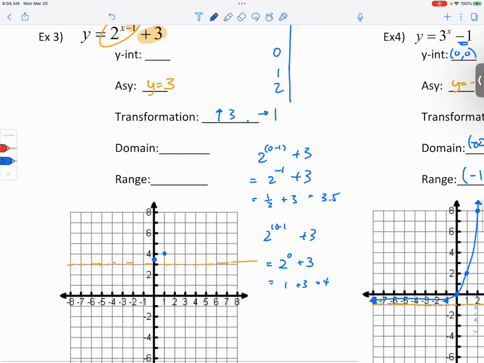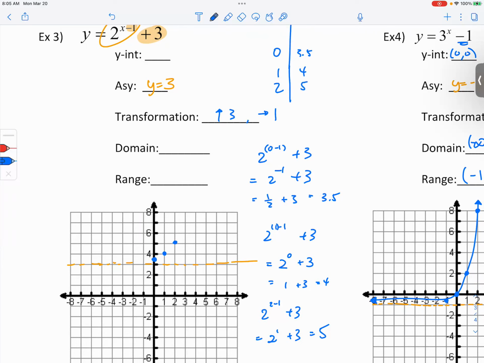Okay, so you have 3.5, you have 4. And then what about 2 to the 2 minus 1 power plus 3? Well, that's 2 to the first power, which is 2. 2 plus 3 is 5. So 2 comma 5 right here.